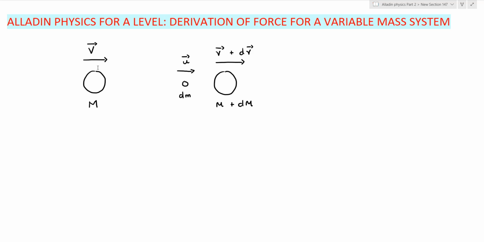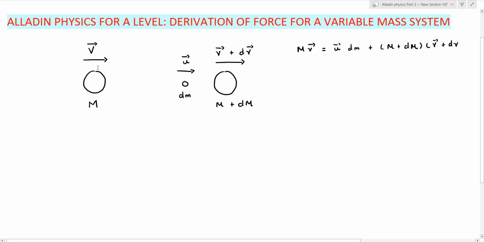So we can apply conservation of momentum now. If you look at it, m v vector is equal to u vector dm plus m plus dm into v plus dv vector.